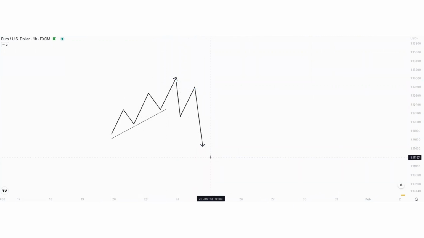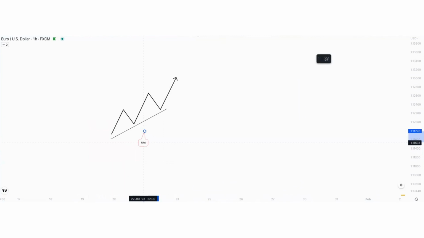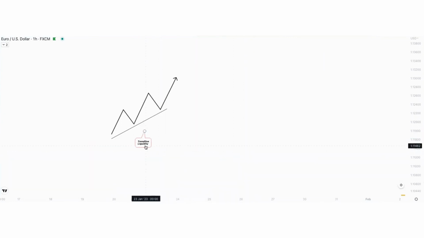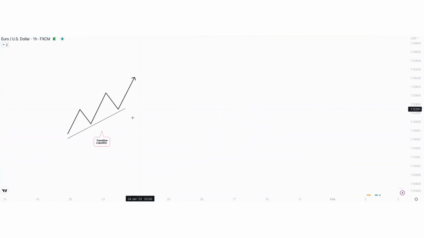So it's always good to follow the trend, but of course we need to always have confirmation before taking the trade. So this is trend line liquidity. Later on, I'll show you how it is represented in the chart.